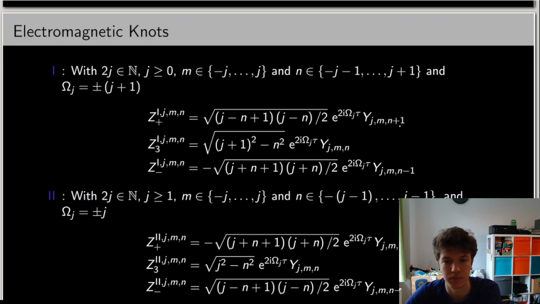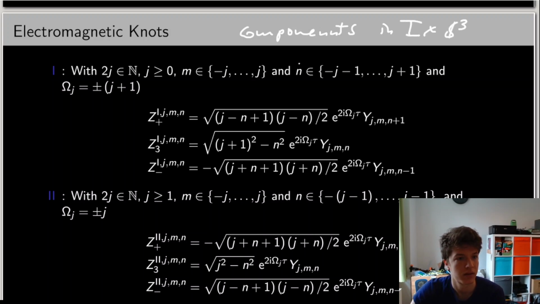Yeah, and now we have the final solution, which are the components in this cylinder. And this is a basis of solutions.